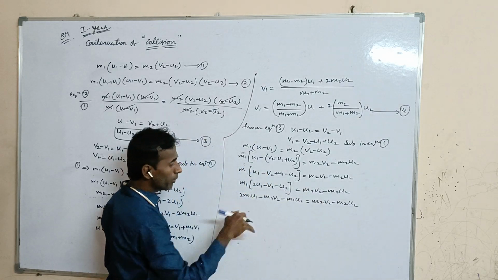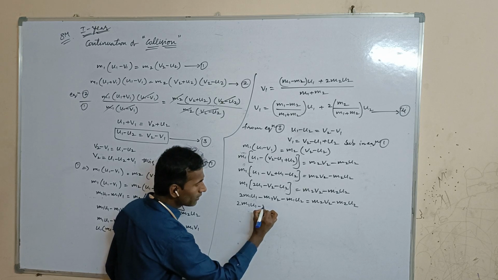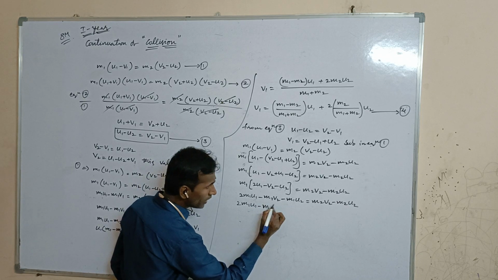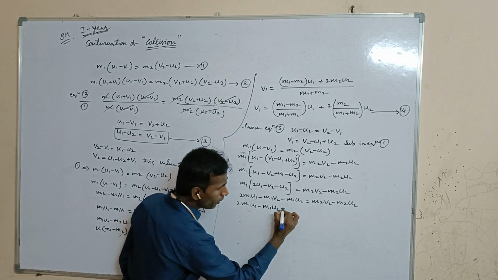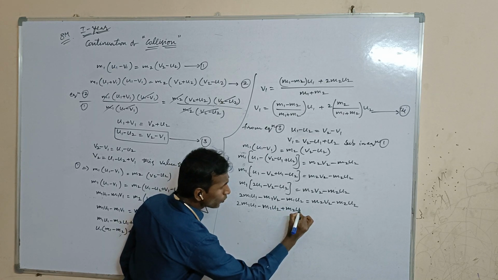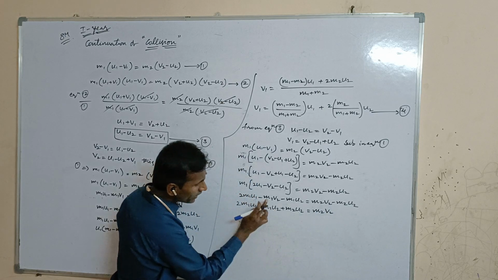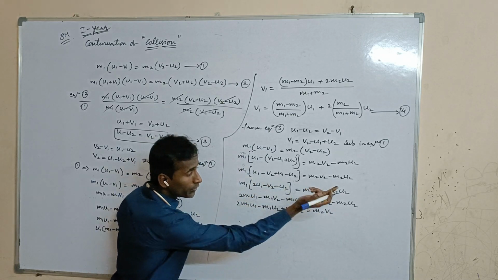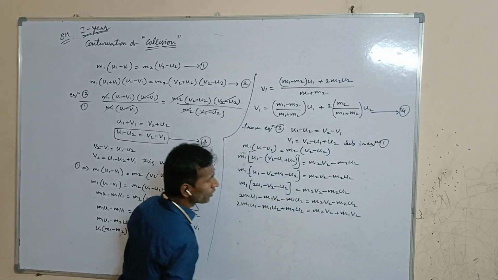Bringing m2 u2 to this side, 2 m1 u1 minus m1 u2 plus m2 u2 is equal to m2 v2, and the minus m1 v2 becomes plus m1 v2 on that side.